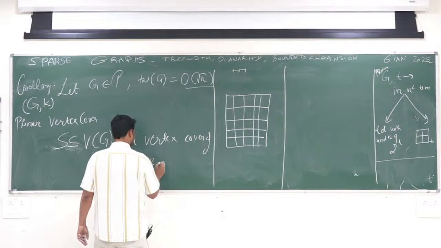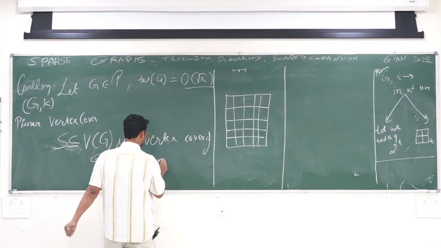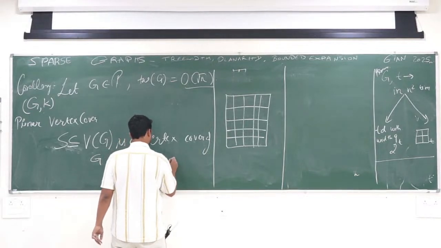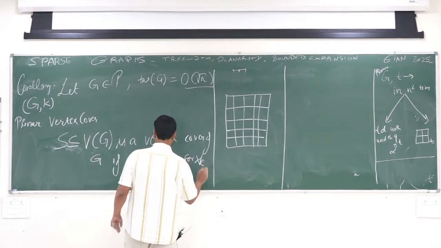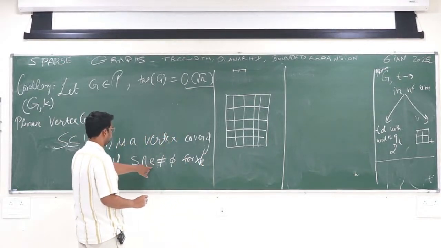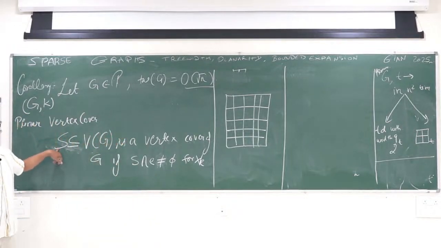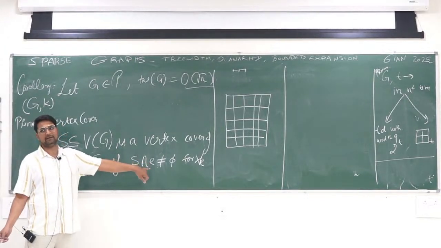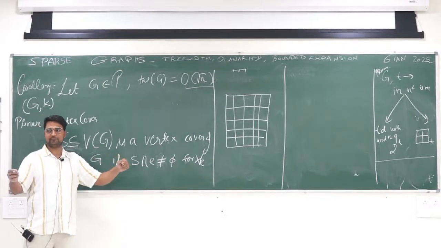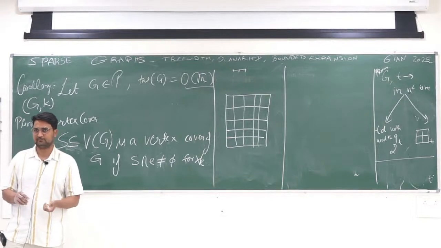A set S is a vertex cover of my graph if for every edge there is at least one vertex in S. At least one endpoint of every edge should be in S. So this is called my vertex cover.